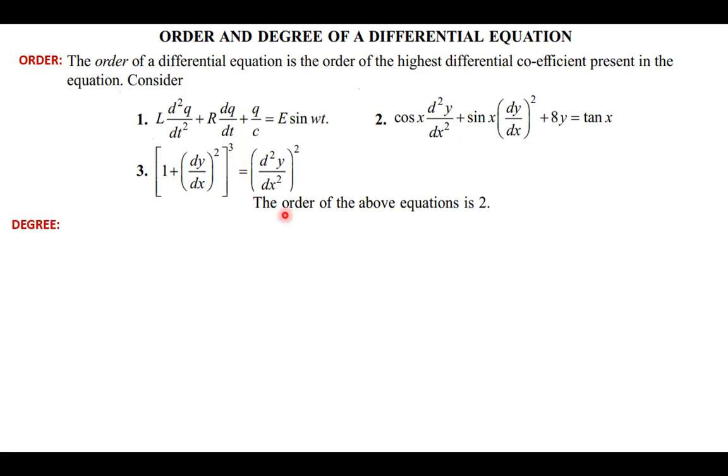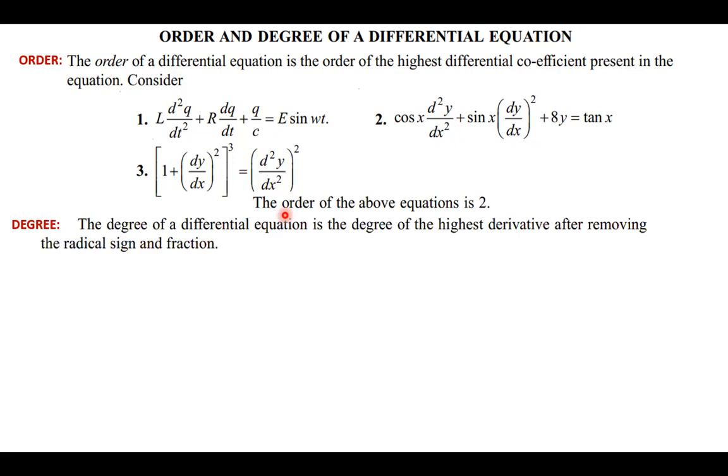Then the degree of a differential equation is the degree of the highest derivative after removing the radical sign and the fraction. So when you get rid of the radical sign and the fraction, the answer that you get is called the degree.